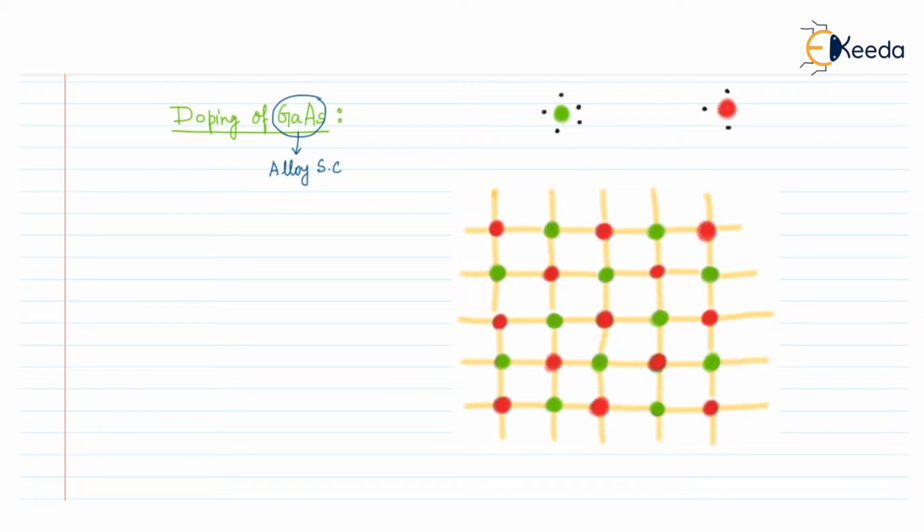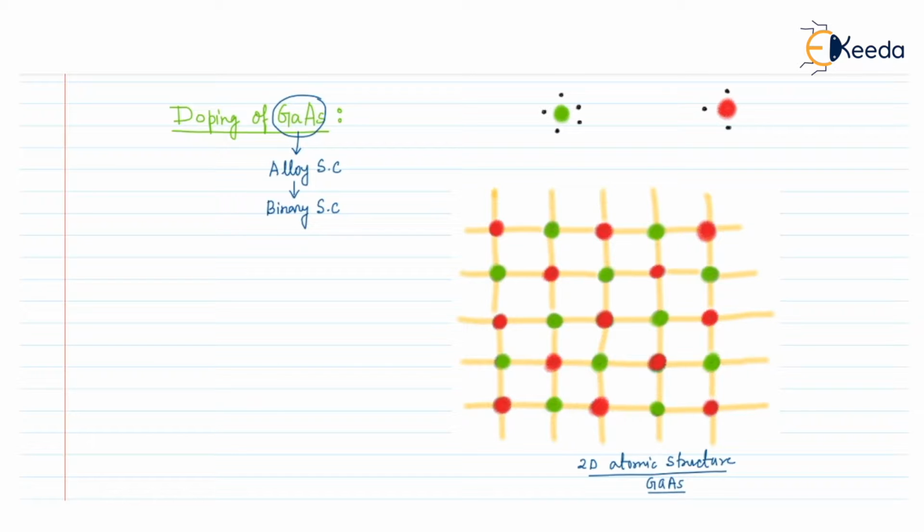This alloy semiconductor has two types of materials, that's why they are called binary semiconductors. In these binary semiconductors, since there are two atoms, gallium and arsenic, we can see the 2D atomic structure of gallium arsenide, which is given in this figure.